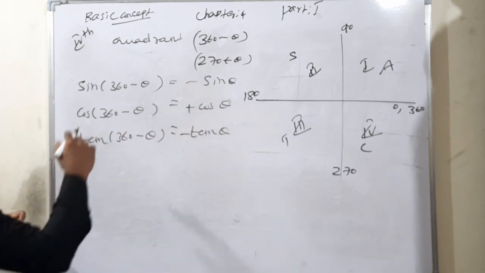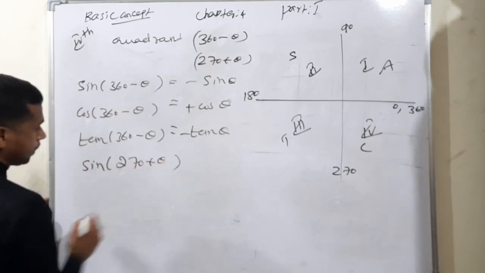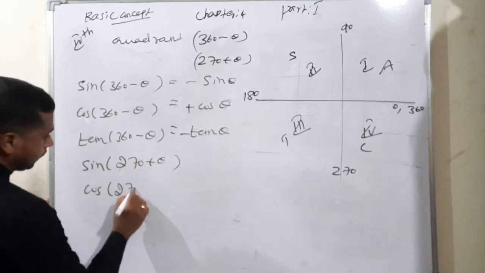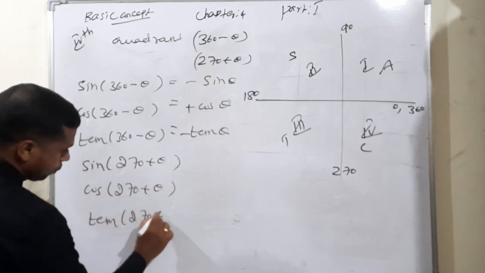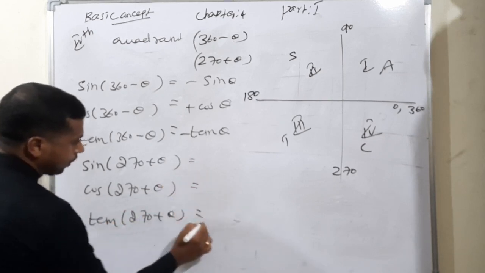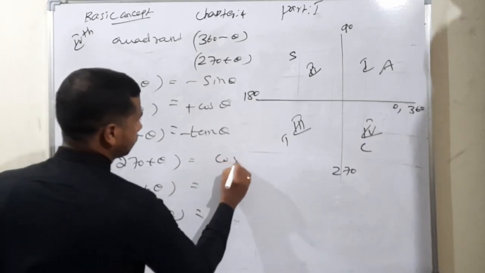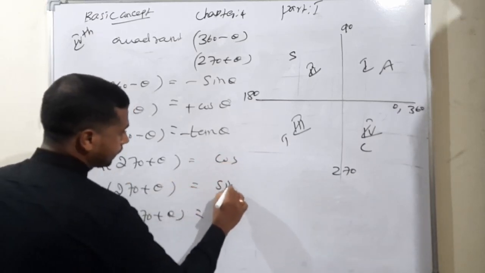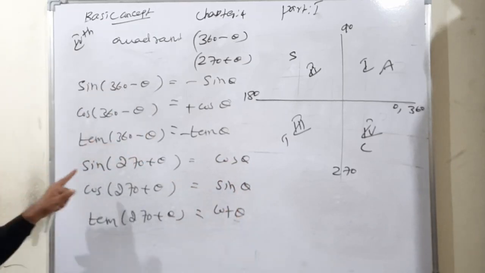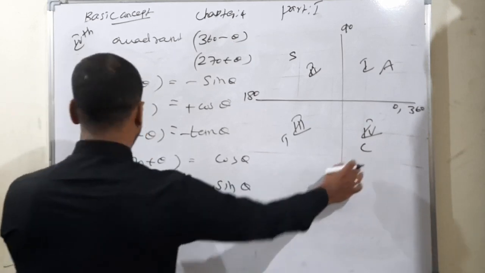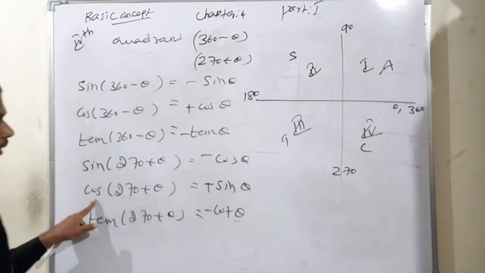As well as 270 plus theta: sin 270 plus theta, again cos 270 plus theta, next one tan 270 plus theta. 270 plus theta means this is vertical, sin name changes to cos, cos name changes to sin theta, and tan name changes to cot theta. Sin 270 plus theta, so only cos is positive, cos 270 plus theta is positive, here also negative, here also negative.